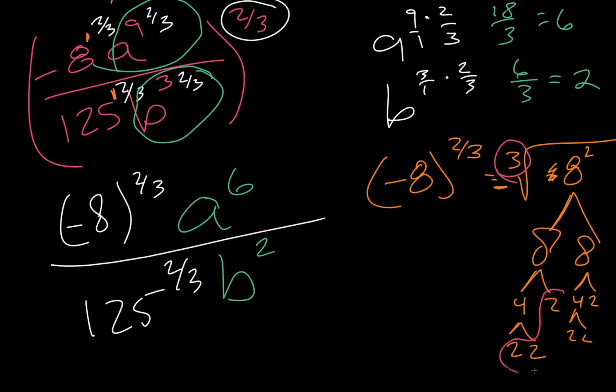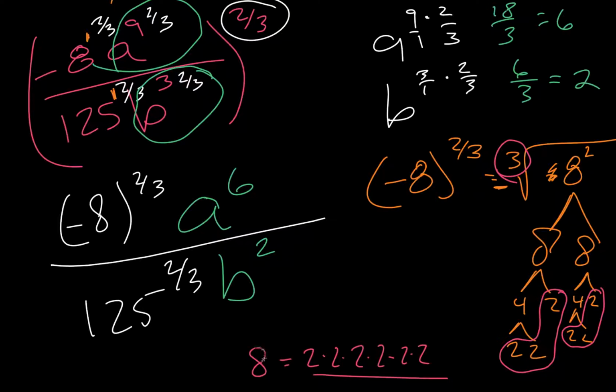If we get 3 of the same number, and we only worry about the primes, then we can take them all out. If we do 2 times 2 times 2 times 2 times 2 times 2, that equals the same thing as 8 squared, or 64. So that's what we're looking for.